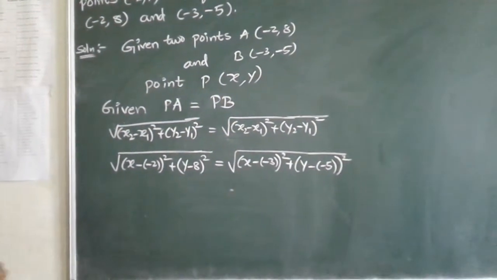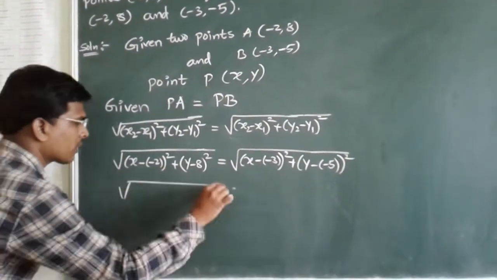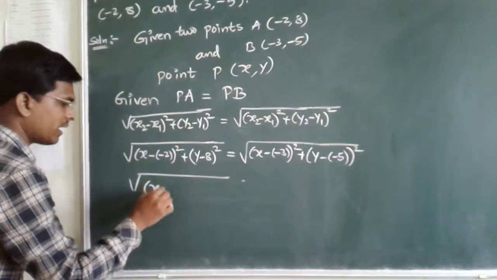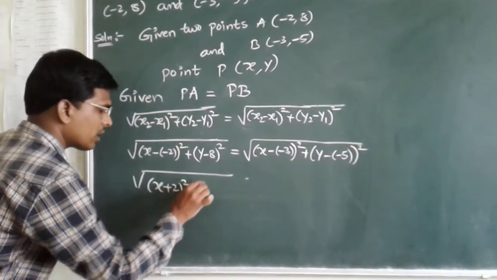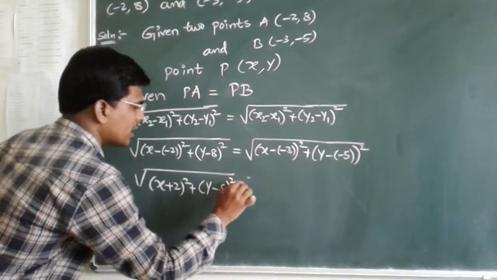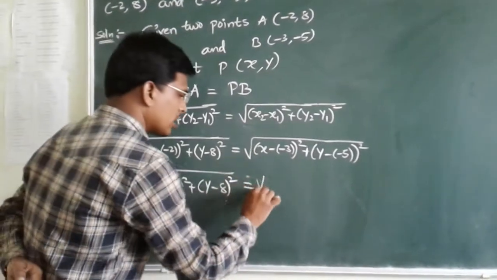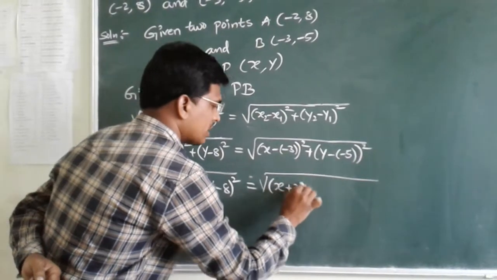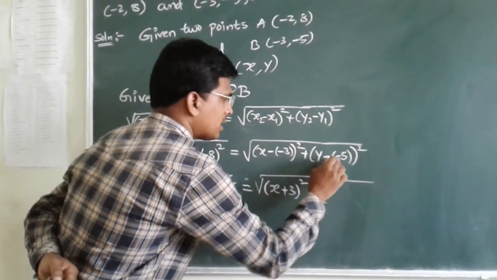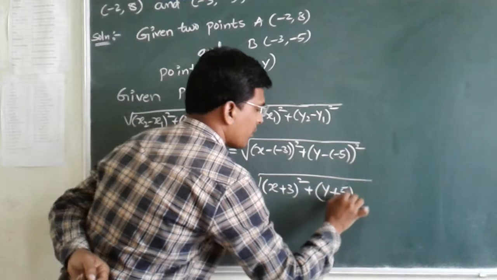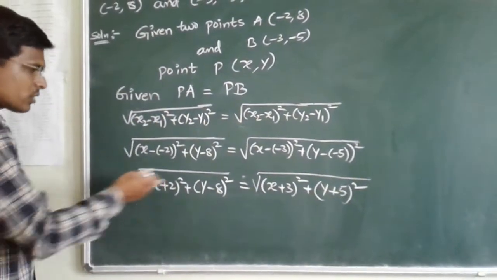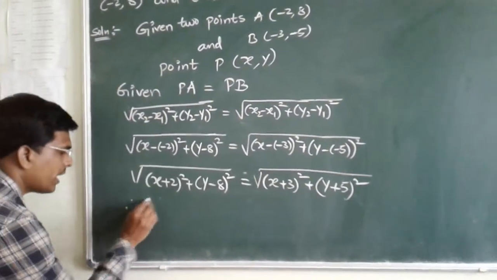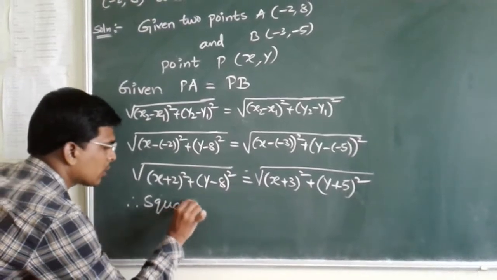So this is the substitution. So x minus into minus plus, (x plus 2) whole square plus (y minus 8) whole square. Again, x minus into minus plus, (x plus 3) whole square plus minus into minus plus, (y plus 5) whole square. So to remove the square roots, apply squaring on both sides.